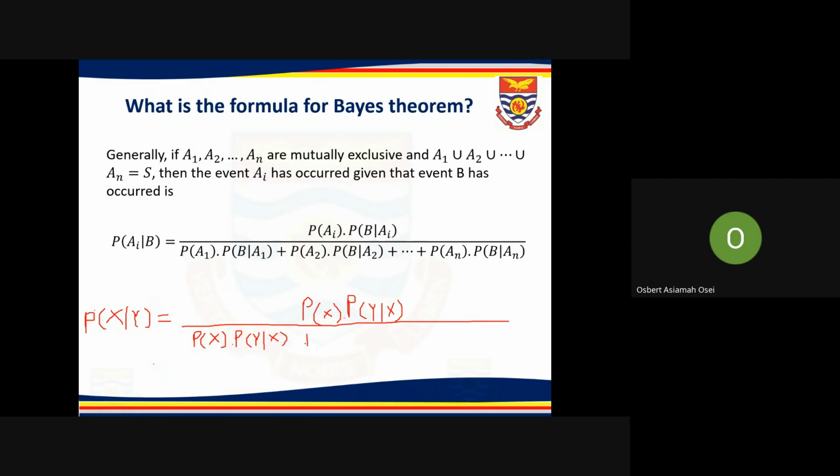Now the probability of S not occurring. Sorry, the probability of S not occurring. Did you get this?